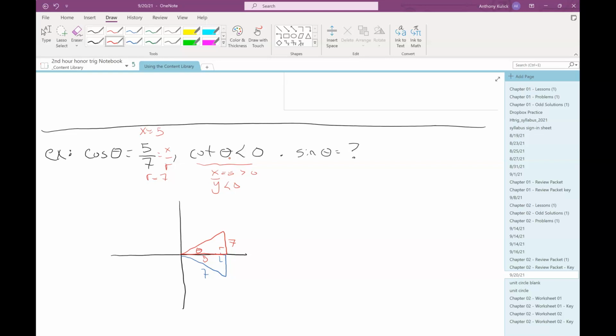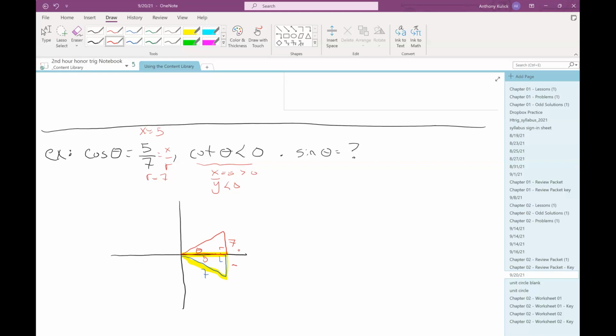Since I know the numerator is definitively positive because it's x, the denominator must be negative, so the y must be negative. Which means that the triangle we're interested in is this one. So I'm going to go ahead and write a negative sign on that y side of my triangle.